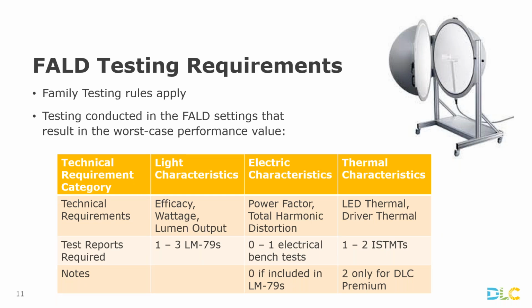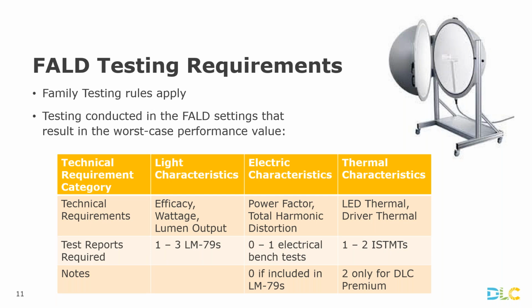And the principle here is that we're going to be looking for a test in the field adjustable light distribution setting that results in the worst case performance value for those performance values listed in the second row of the table there, under technical requirements. So efficacy, wattage, and lumen output are listed as the light characteristics.